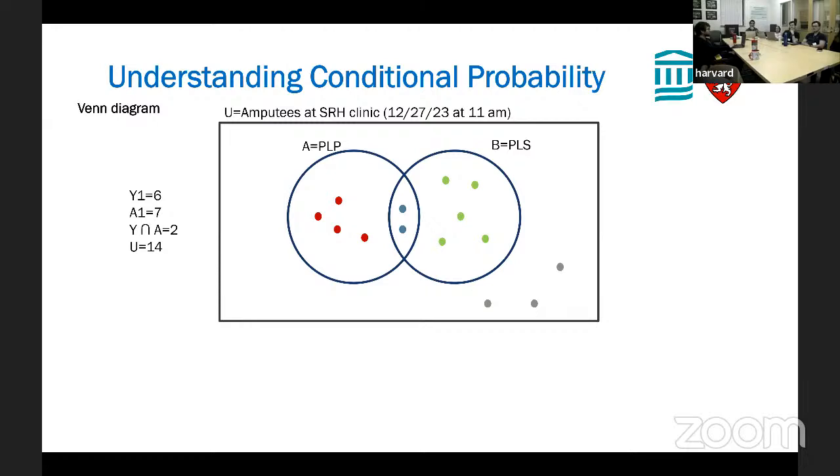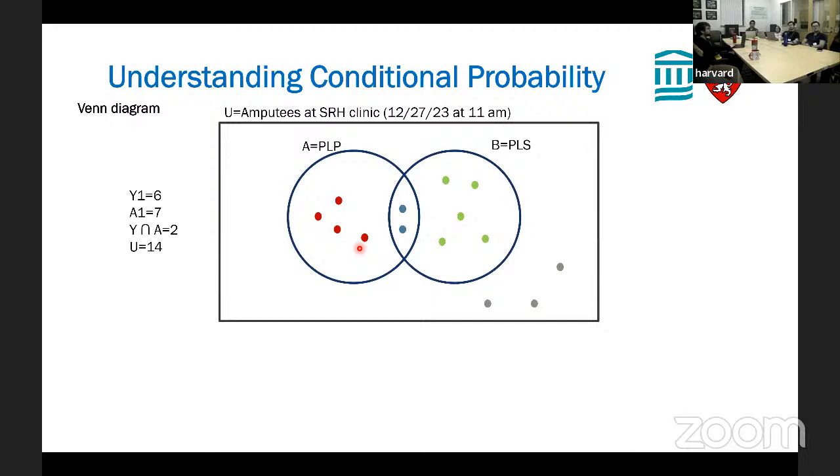Then we have the total numbers written with the correct notation: Y, the PLP, level 1 equals 6, because we are including both this part and the intersection. That's why it's 6.